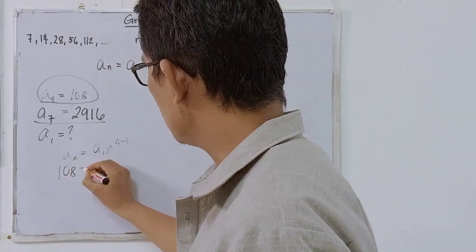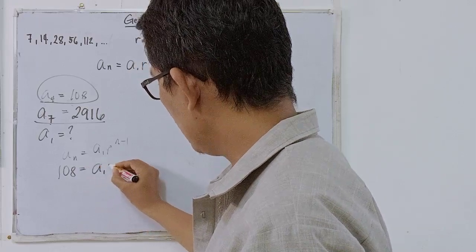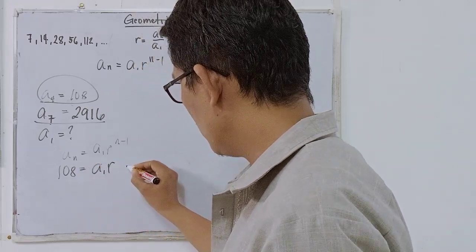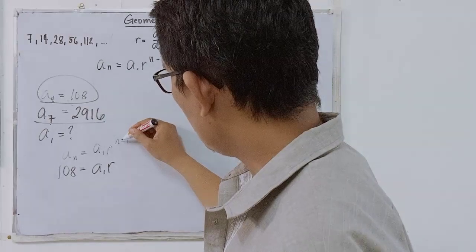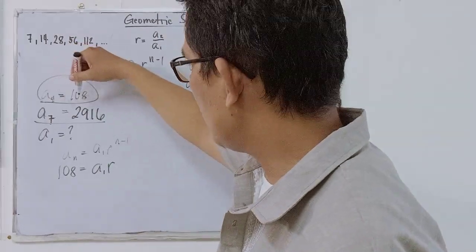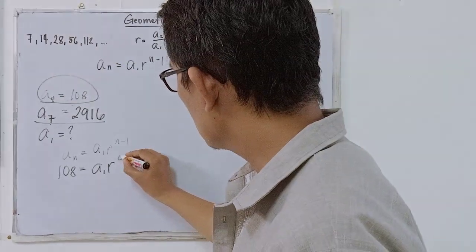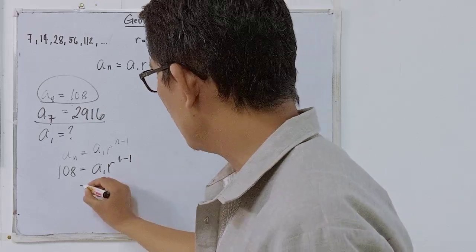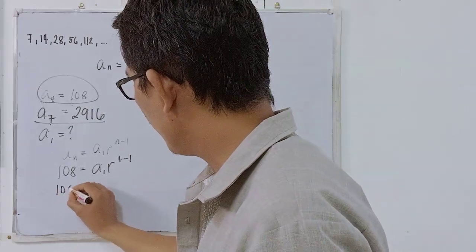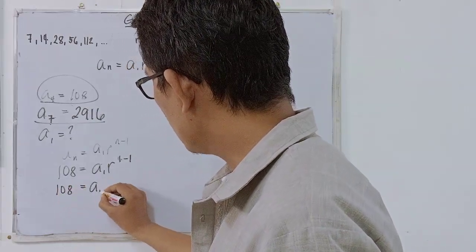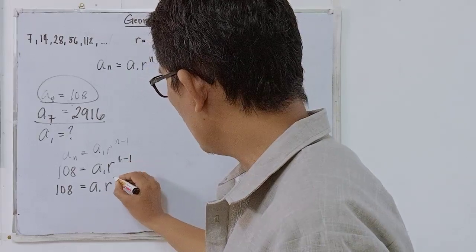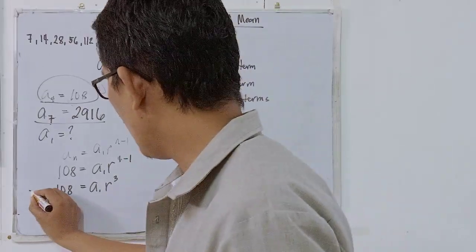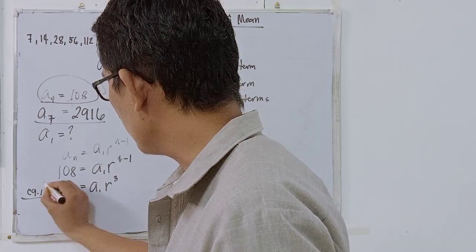So, that is our last term. We don't know what is a sub 1. R also, we don't know what is R. N here is 4, since 108 is our fourth term. So, this becomes 4 minus 1. And simplify, copy 108. A sub 1 R, 4 minus 1 is 3. So, we now have our equation number 1.